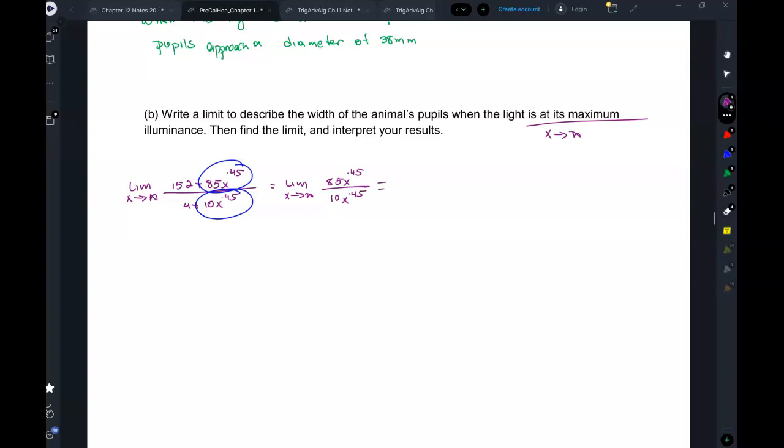So the variables cancel and you basically have what left? 85 over 10, which is 8.5. Okay?